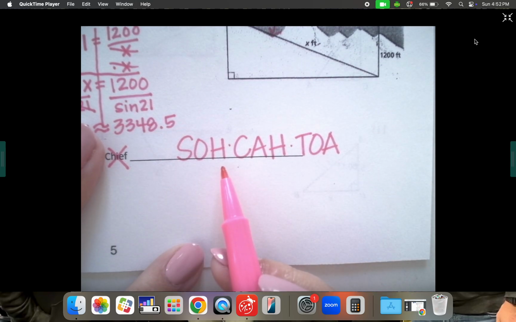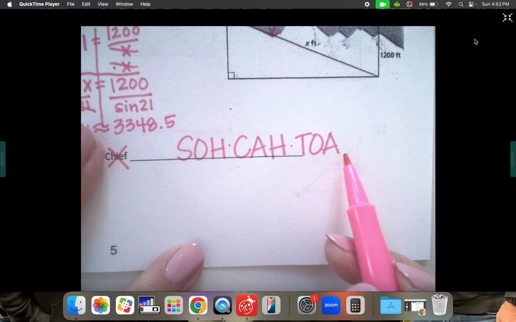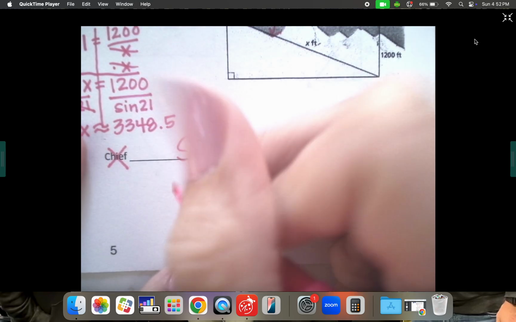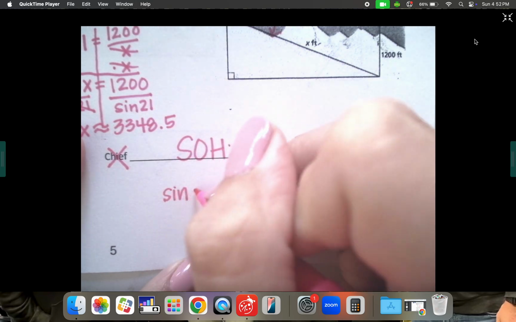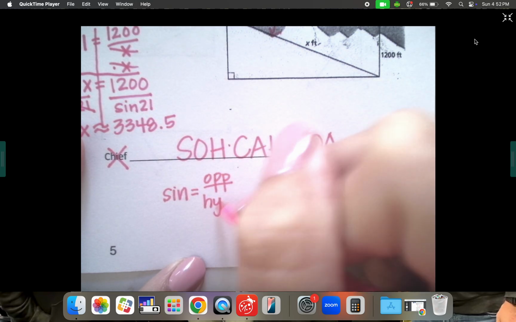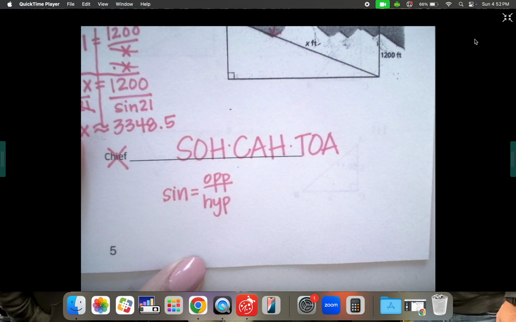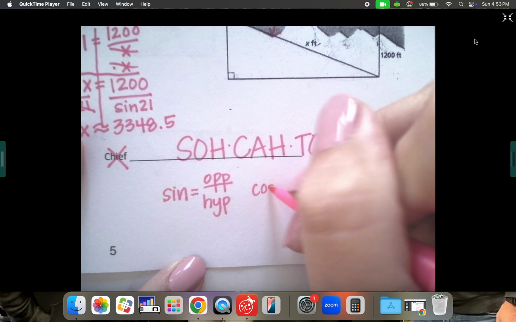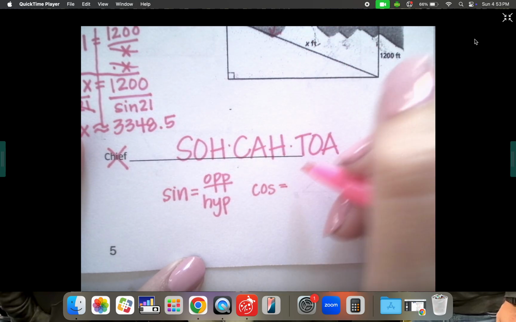So SOHCAHTOA. SOHCAHTOA is all three of the trig ratios. So SOH stands for sine is equal to opposite over hypotenuse. This is just going to help you memorize it. CAH means cosine is equal to adjacent over hypotenuse.